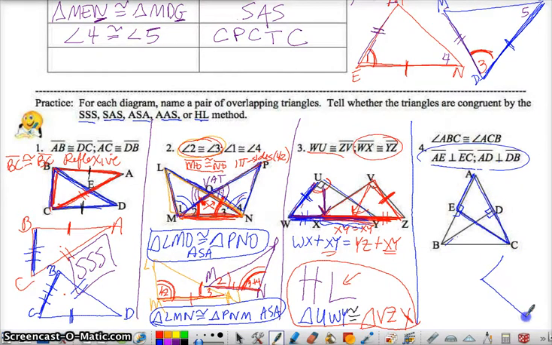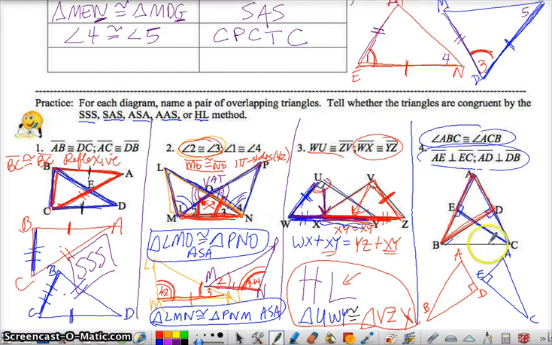So that's A, E, C. Vertex A, vertex E, vertex C. Here's my right angle. To me, it looks like it's going to be congruent to this triangle, if any triangle. So I'm going to go ahead and write that one out separately. So I have A, I have D, I have B. Here's my right angle.